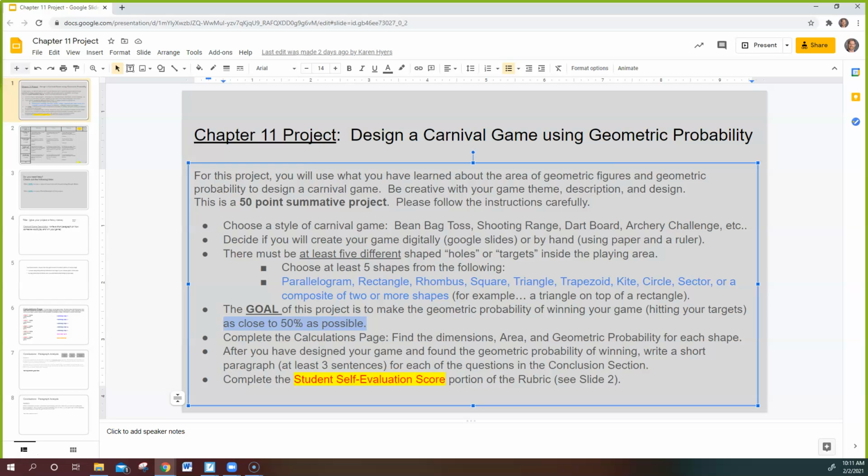So if you're really close to the 50%, we're going to be more generous than you think. So, let's say that your probability was 10%, that's not close, right? But if you were at 45% or 52, 53, 54%, that's really close to 50%. Because it's not going to be super easy to get this challenge.